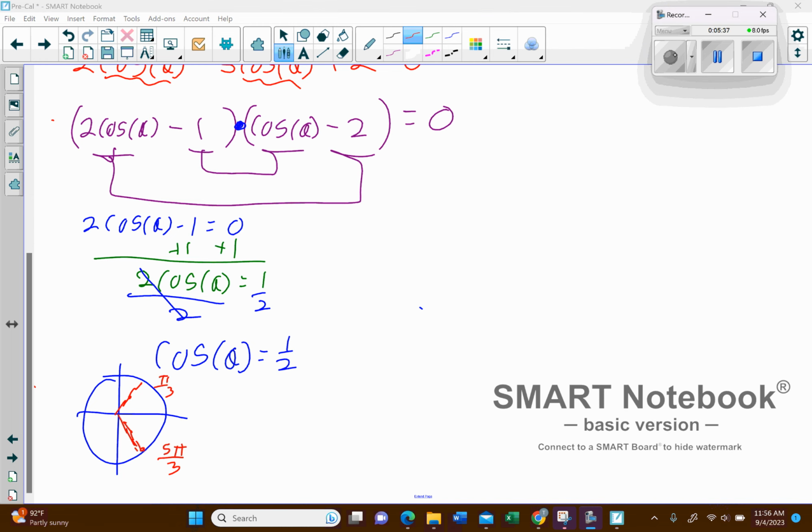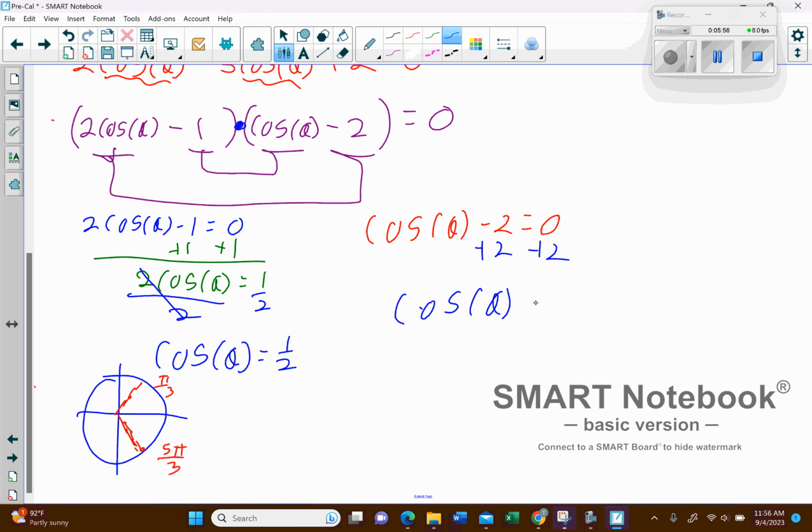And so those are actually going to be our only answers, because if you look at the other one, if you take cosine of theta minus 2 and try to set that equal to 0 and solve, we would add 2 to both sides, but then that's not possible. That ratio is not within my possible domain.